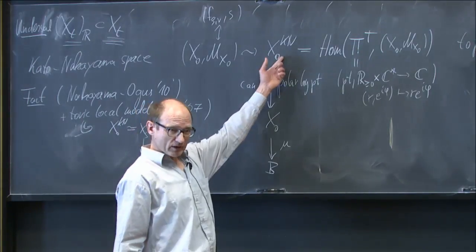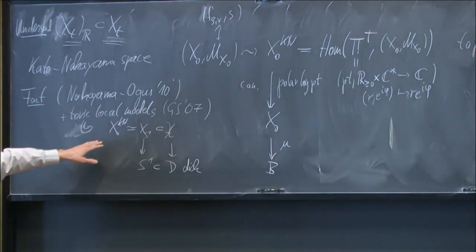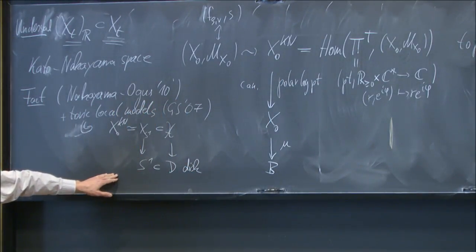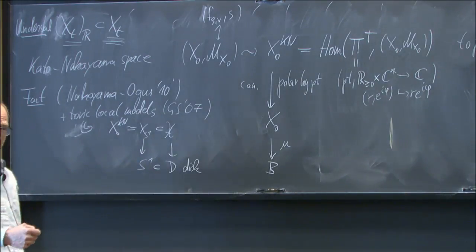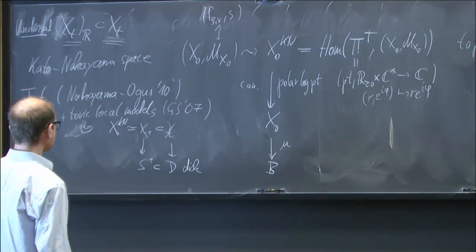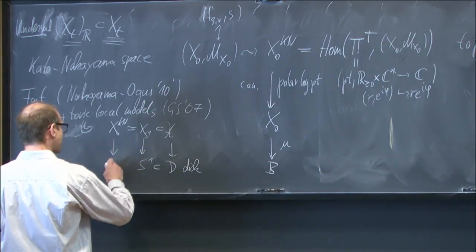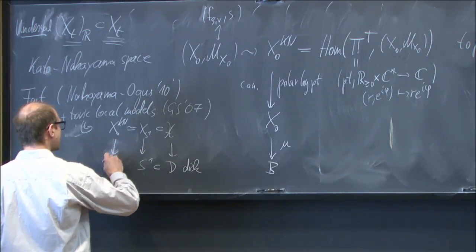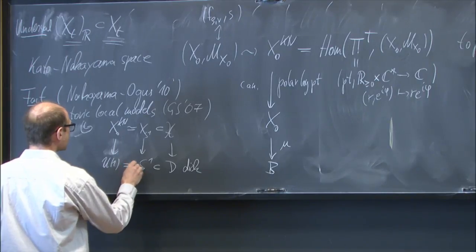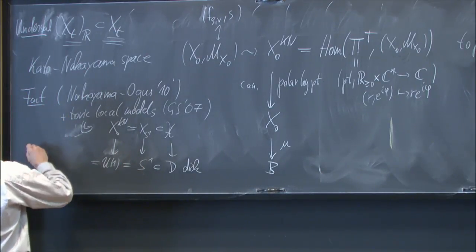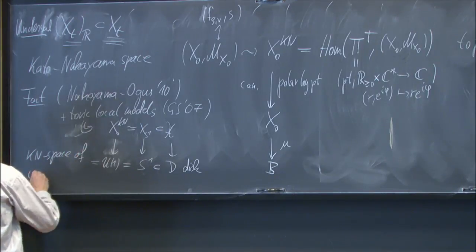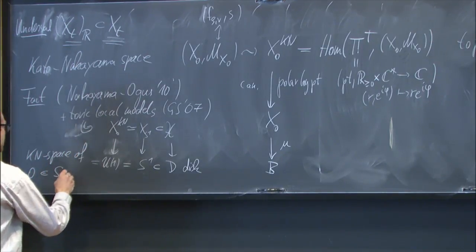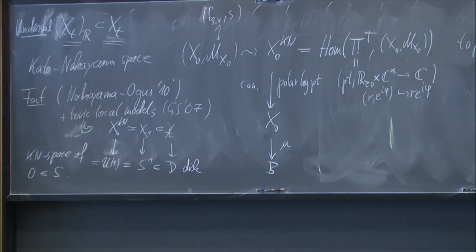Well, our family comes with a map to the base. And the base has a distinguished point, the origin. And there's similarly a Kato-Nakayama space. I should call it U1 maybe, okay? Because this is the Kato-Nakayama space of the origin embedded in the parameter space that I think I denoted S before.